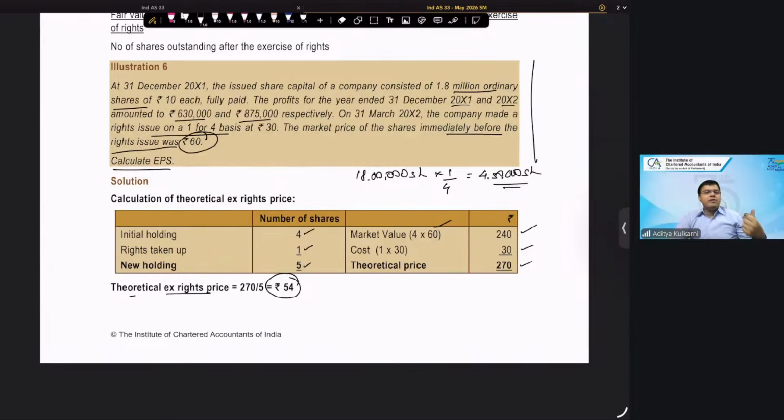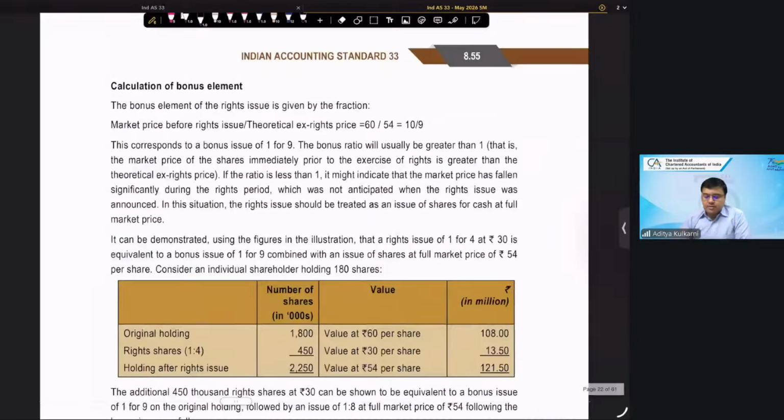Today I subscribe to right shares in the ratio of 1:4 with the value of right shares being 30 rupees. After the rights issue is subscribed and issued, I will be having 5 shares totally worth rupees 270, individually worth rupees 54. Are we able to understand? This is known as theoretical ex-rights price.